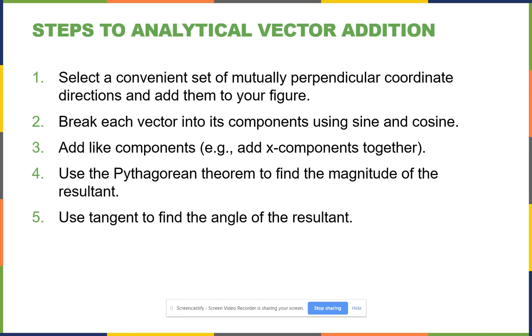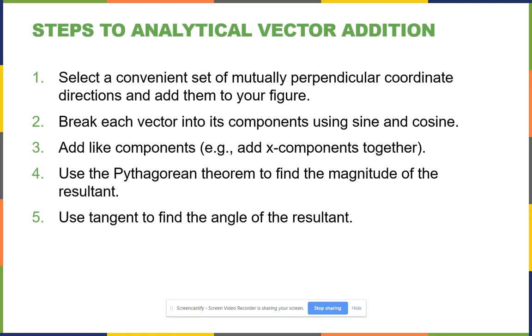Make sure you can do vector addition. In one of your last 3 problems, remember you're going to have 4 and you can skip 1. You can't skip the one that requires you to show vector addition graphically. So you're going to have to do a graphical vector addition, which is draw the first one starting at the origin, and at the tip of the first one, draw the second one.